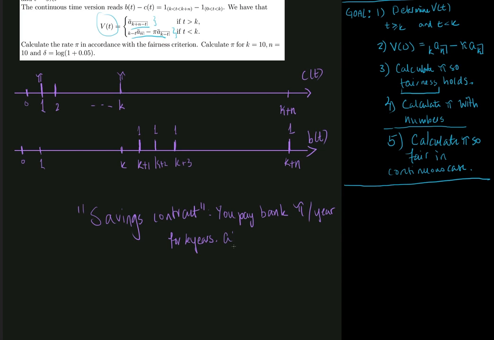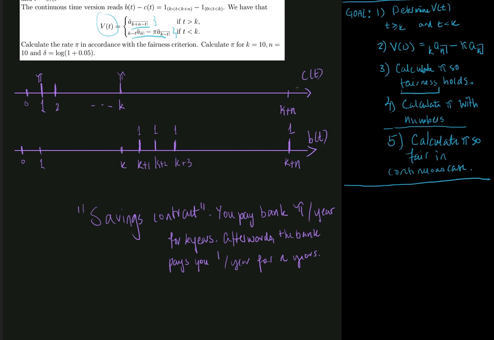Then afterwards, the bank pays you back 1 unit per year for n years.